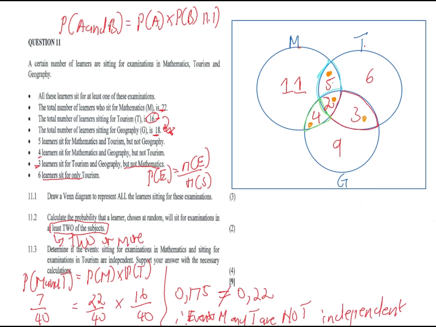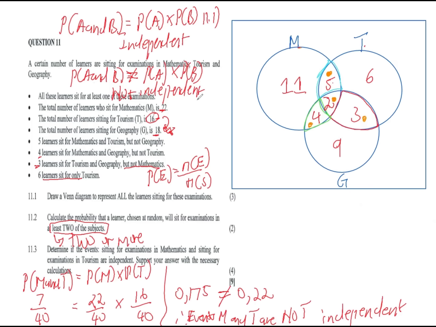So if P(A and B) is equal to P(A) times P(B), we say the events are independent. But if we find that P(A and B) is not equal to P(A) times P(B), we say they are not independent, right? So understand that. Not independent if they're not equal, independent if they are equal. And that's how you were supposed to go about answering that question there, right?